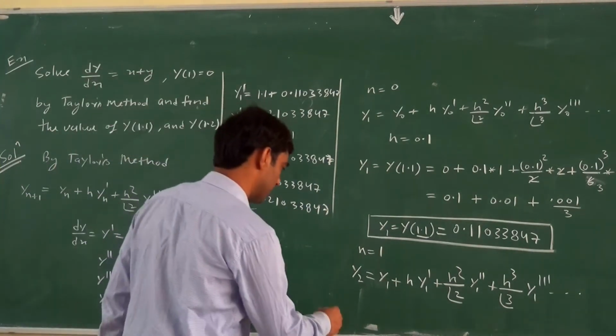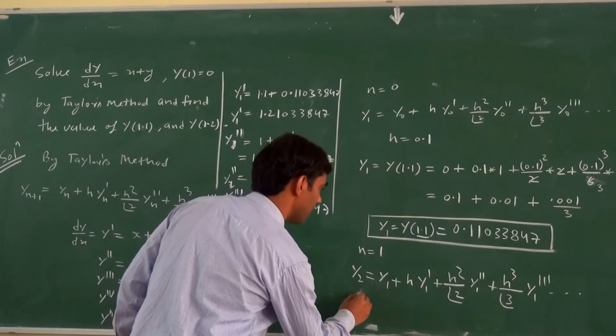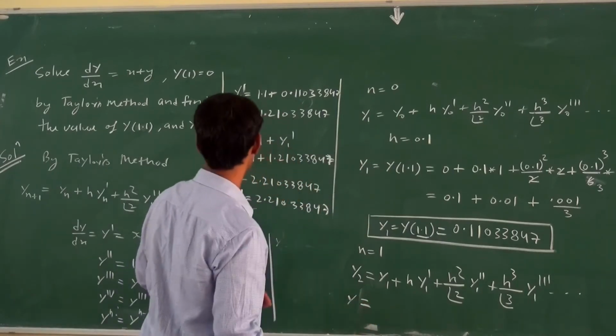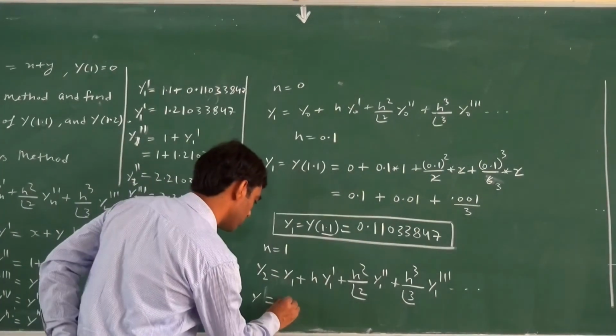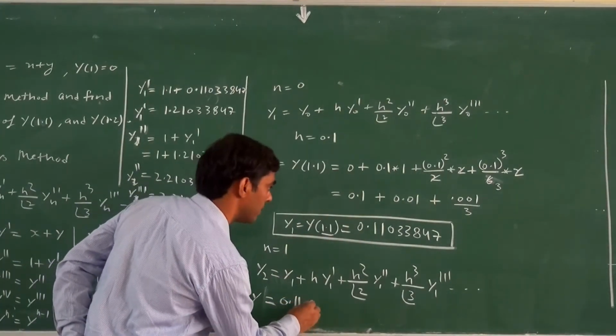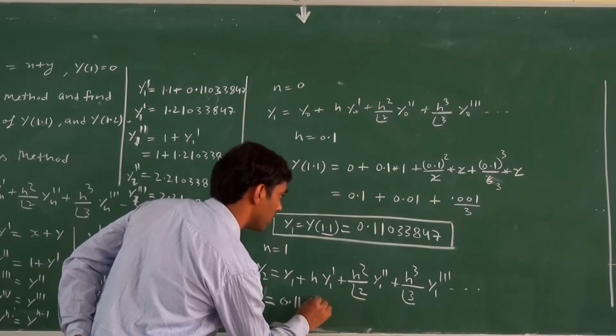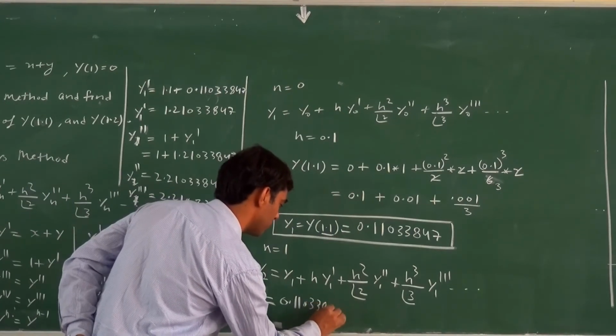Then we get y2 equals y1. What is the value for y1? y1 is 0.11033847.